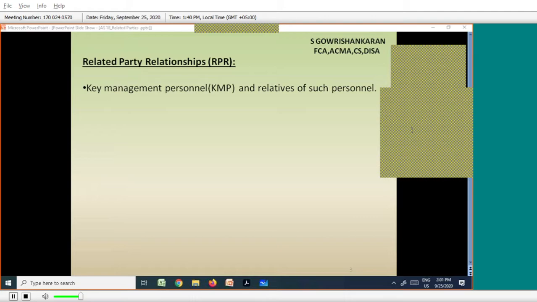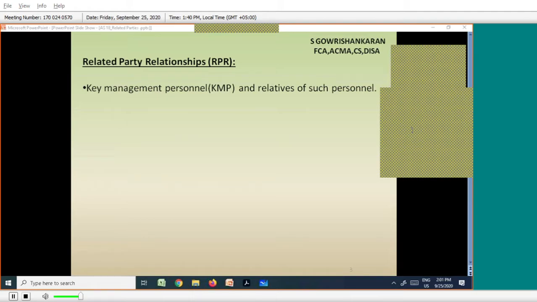Then there are many types of directors: managing director, executive director, full-time director, whole-time director, then part-time director. Do you think all these directors are KMP?